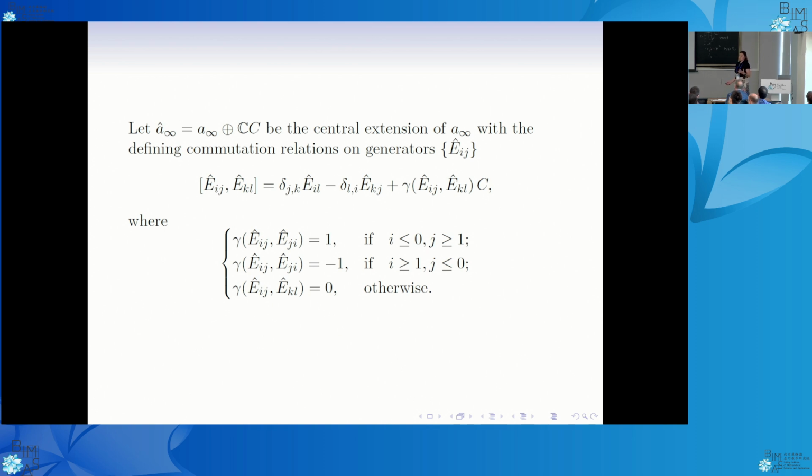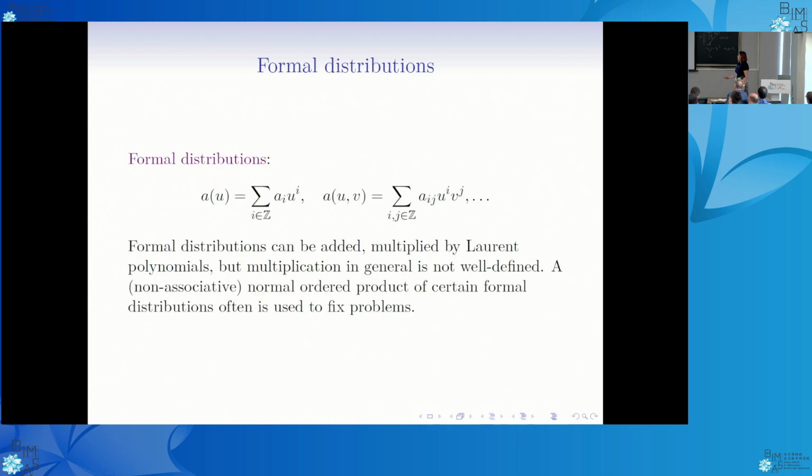But what we want to do here is combine all generators into generating functions, big formal distributions. And the first question is, what kind of creatures are these generating functions? Usually when we talk about generating functions, we have power series in most applications.